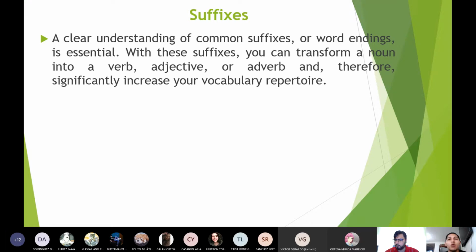Now, if we keep on practicing, we eventually will figure out when to use a noun, or a verb, or an adverb. And we're going to be able to know the proper way to transform the word and use it in a contextualized manner. I mean, the register will be correct, accurate, let's say, fluent.